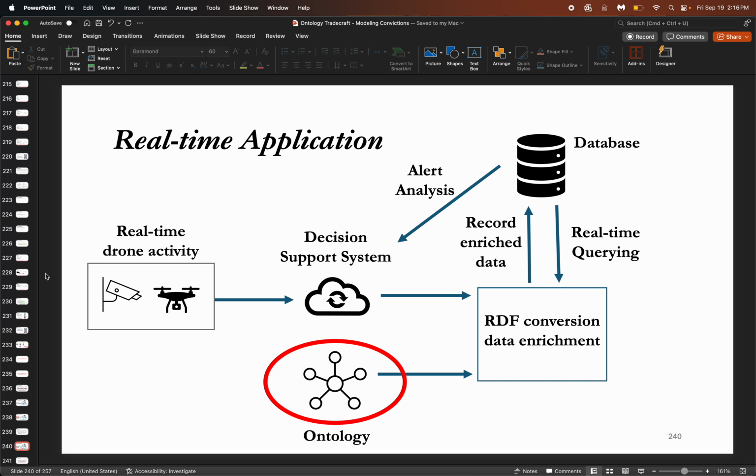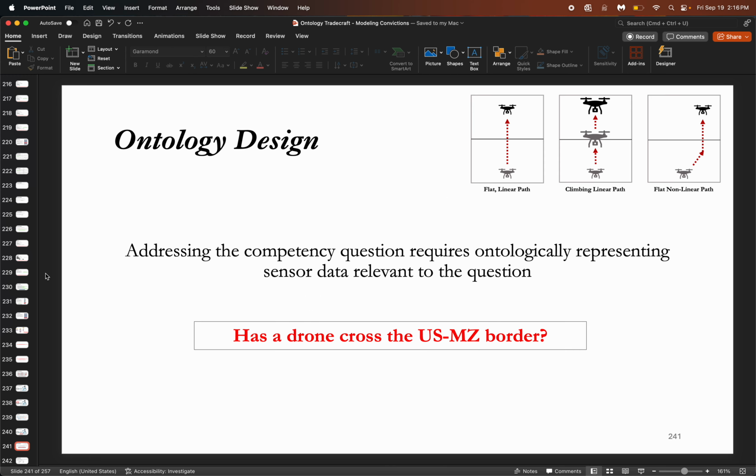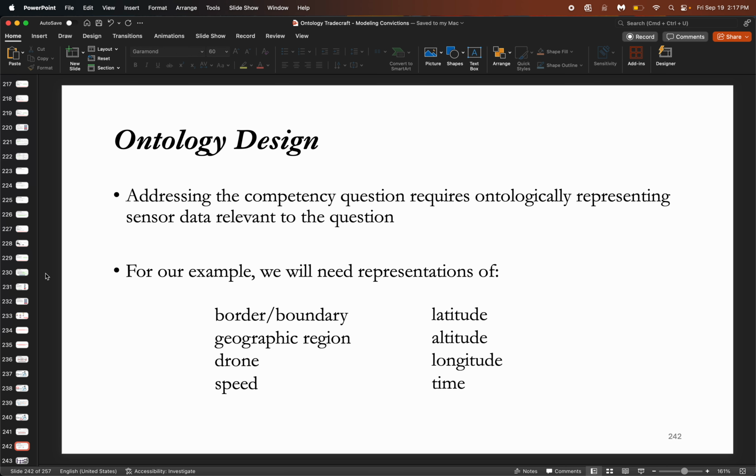And then you might have a representation that can help make explicit some of the implicit semantics in that data. So when we want to address this competency question with data like that, we have to think about how that data is relevant to the question and how we can model it. So just off the cuff, we might need representations of things like borders and boundaries, geographic regions, drones and speeds, lats and longs and altitudes and time.